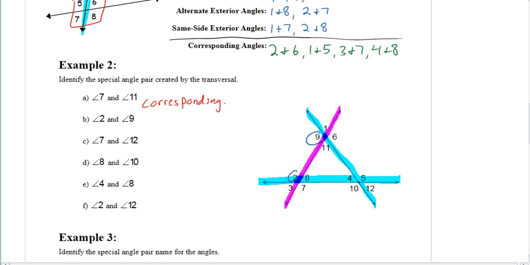So they're on the same side of the transversal, and they stay inside those two blue lines. So we would say that they are same side interior. Okay. I'd like you guys to try C, D, E, and F. So try these four for tomorrow.